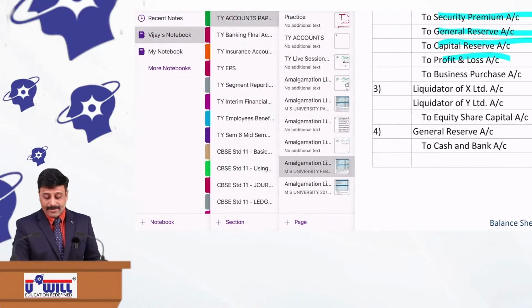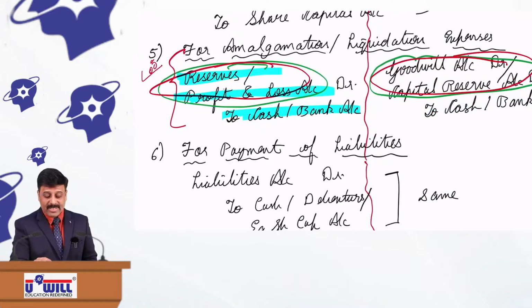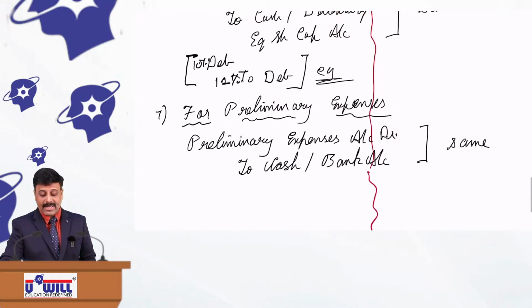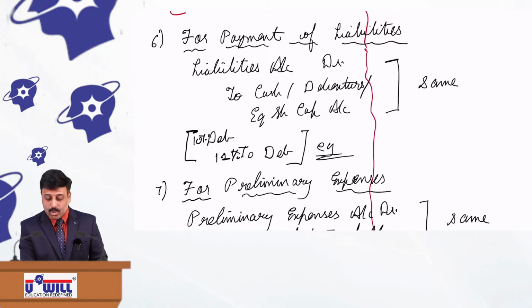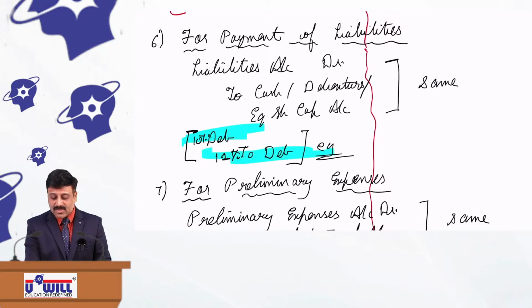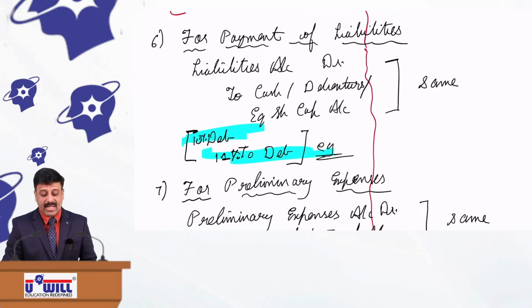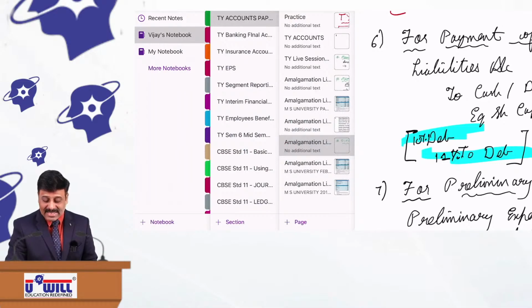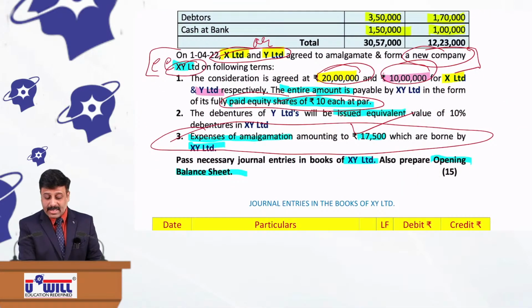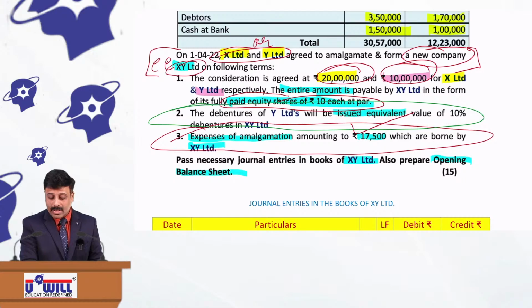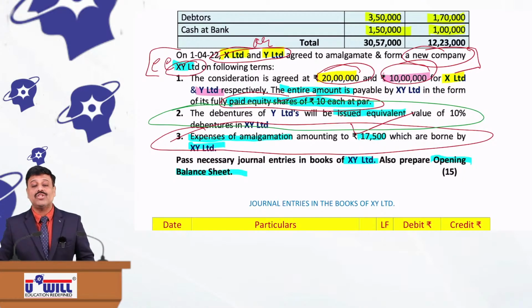And then lastly, in yesterday's session we studied which other entries are there after that, payment of liabilities. Now here, if you all remember, I told you that generally debentures will be given, and that entry will only come in case of liabilities. Exactly same situation we have in this question. Look at adjustment number 2. Debentures of Y Limited will be issued equivalent value of 10% debentures of XY Limited.